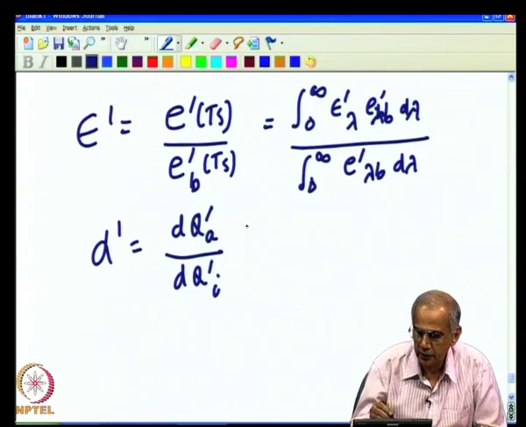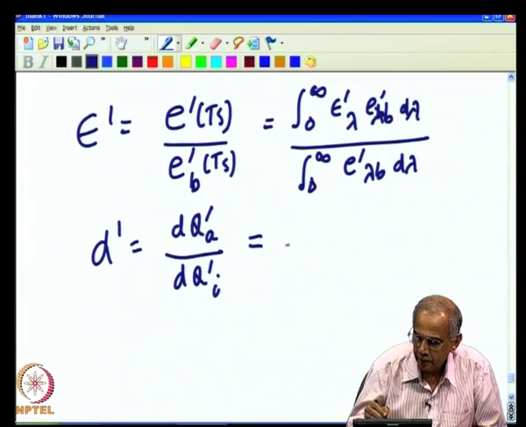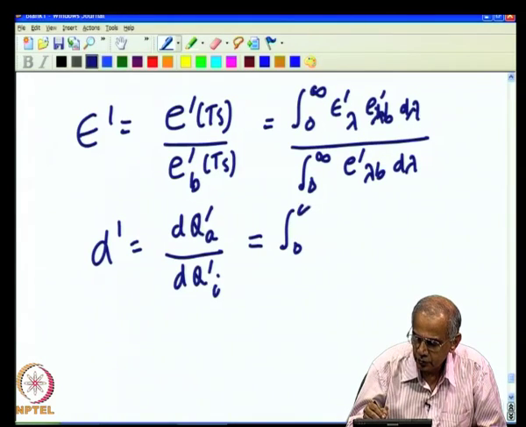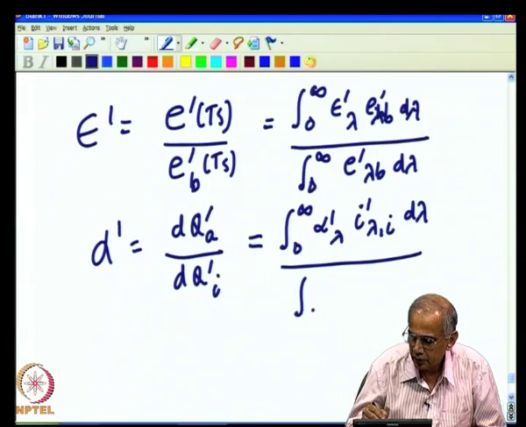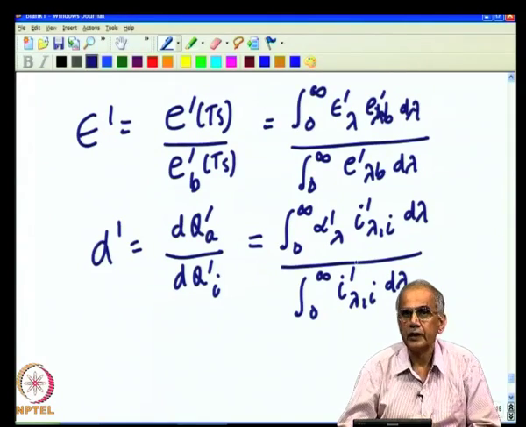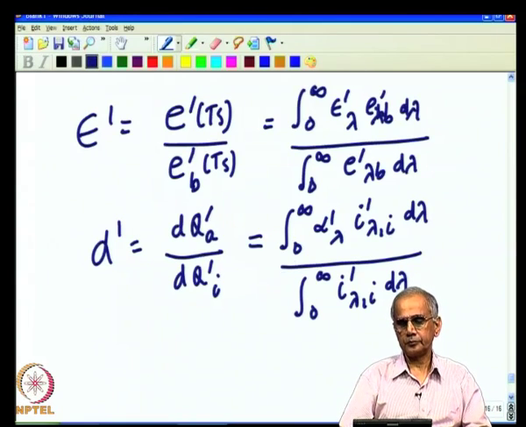So, if you write this in terms of intensity, you can write this as 0 to infinity, while the denominator is this, from the definition of intensity.